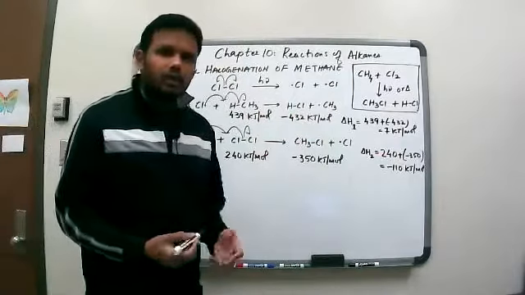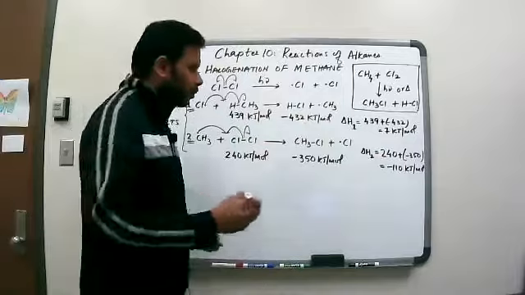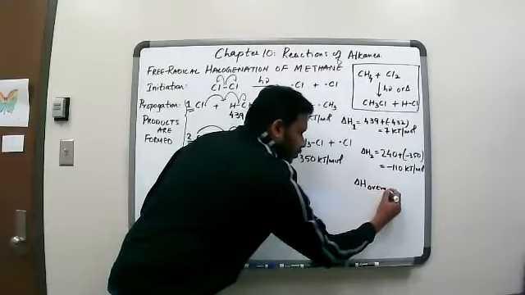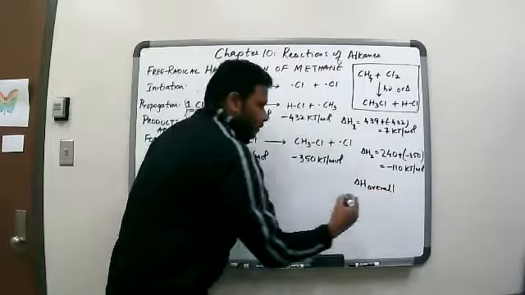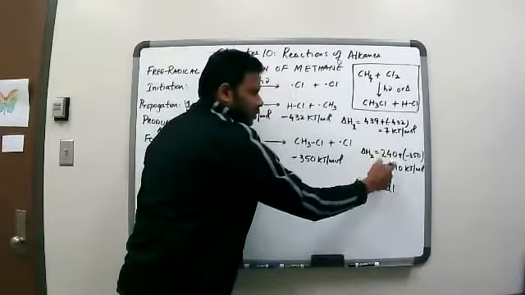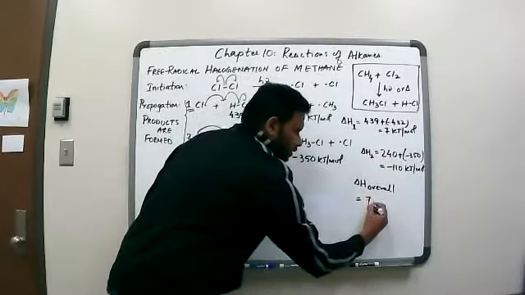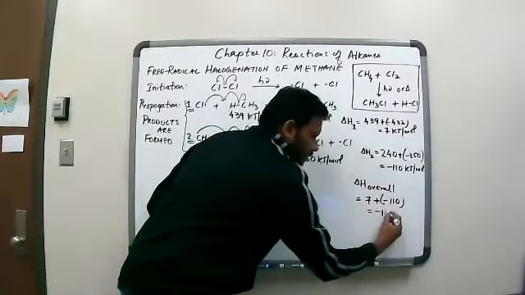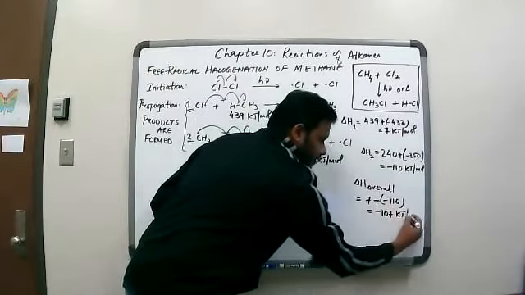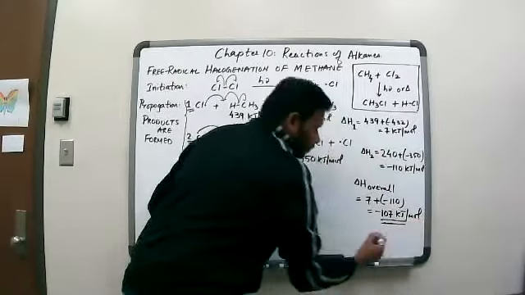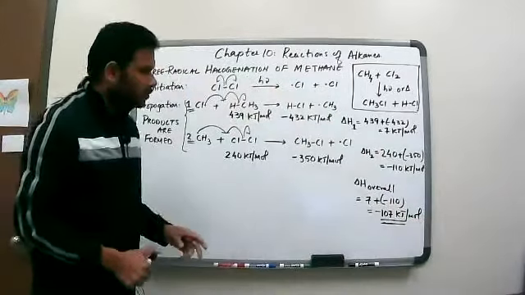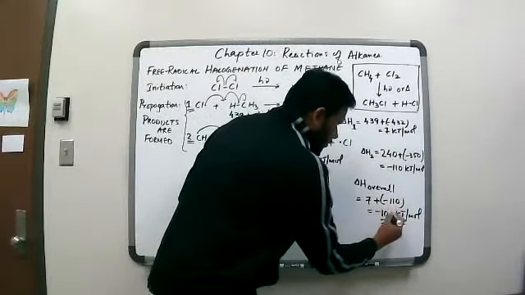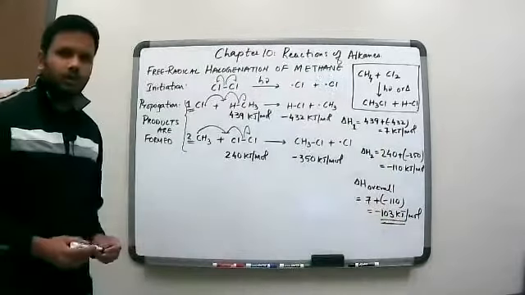Now, if we wanted to calculate the delta H for the overall reaction, okay, so delta H overall is basically the sum of these two. So this is 7 plus negative 110, which is negative 103 kilojoules per mole.